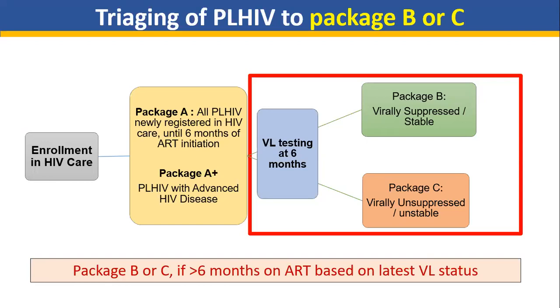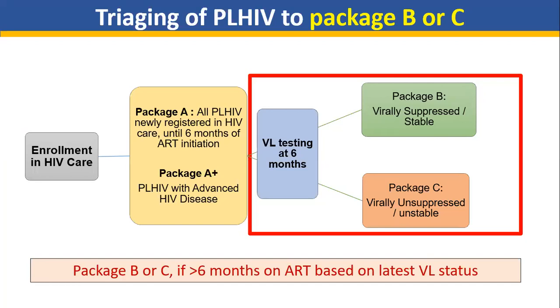Patients who have completed 6 months of ART should be assessed by the staff nurse or counselor. Patients who have viral load suppressed, with viral load target not detected, can be categorized as stable patients.